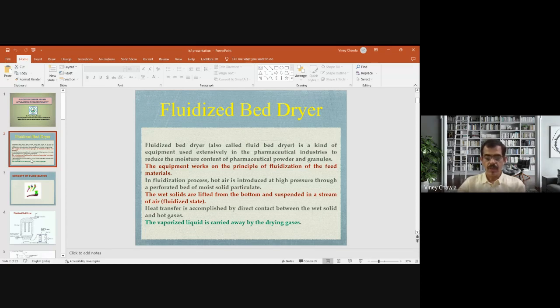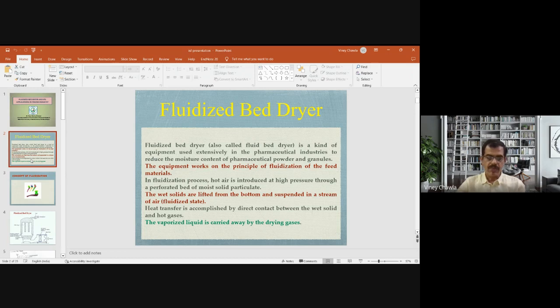In order to achieve this fluidized state, it is very important that the force which is being applied to the particles, the powdered bed of solids, is sufficient enough to sustain them in the air. At the same time, it should not be large enough that the particles go away in all directions.